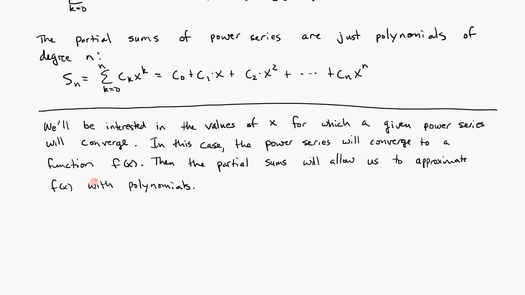So the idea is that you can have a complicated function f of x, especially transcendental functions like the exponential function or the trig functions sine and cosine.